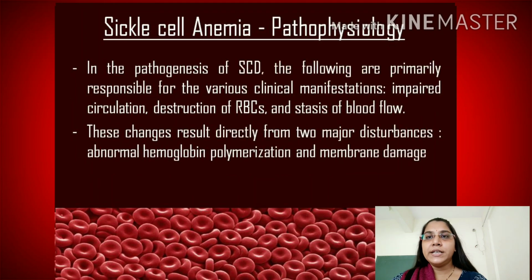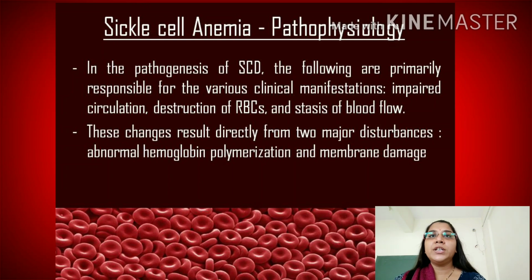But in SCD, a sickled shape of RBC is formed, due to which they are not able to squeeze through, and that's why they cause impaired circulation. Further, these can cause destruction of RBCs also. More than that, slowing of the blood flow is also seen because of sludging and increased viscosity.